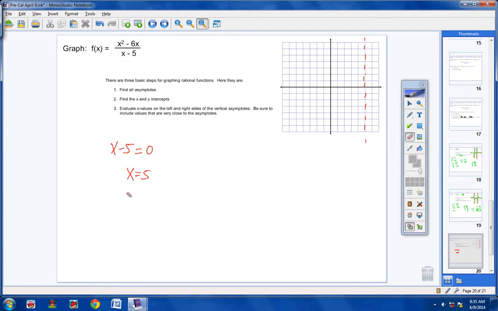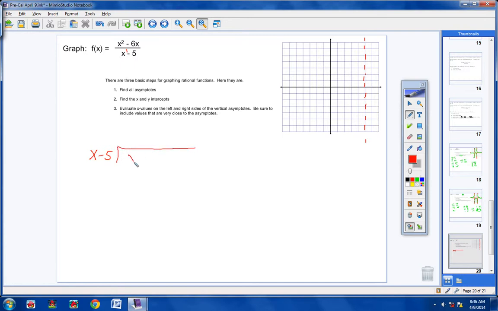Now let's find our horizontal asymptote, and notice there isn't one. The degree up here is higher than the degree in the denominator. So we do not have a horizontal asymptote. Anytime the degree is higher in the numerator, there is no horizontal asymptote. However, notice the numerator is exactly 1 degree higher than the denominator, so we do have a slant asymptote.